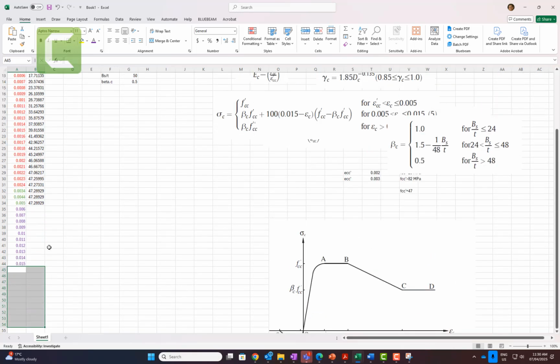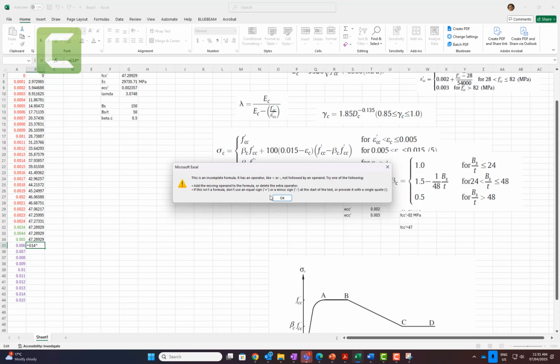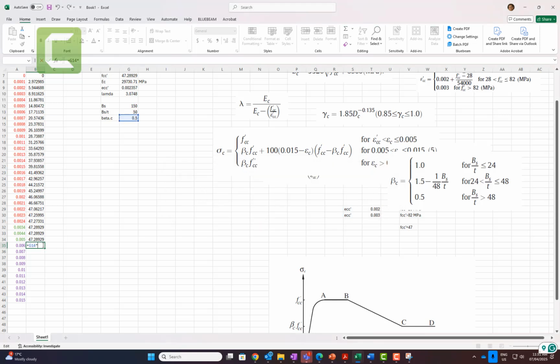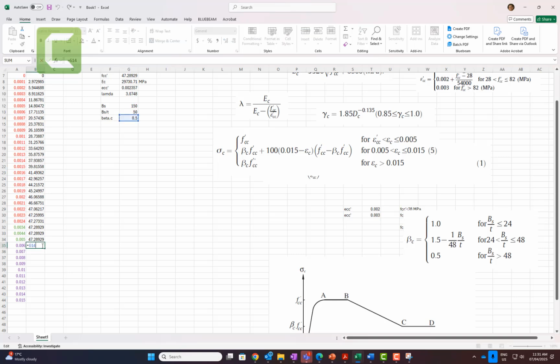Now for that we have this equation equal to beta_c multiplied by, I'm just using these equations. Okay, let's get these done. Beta_c, I think we need to lock it. You remember, lock it, multiplied by fc'.